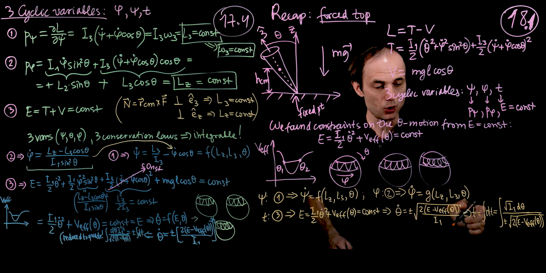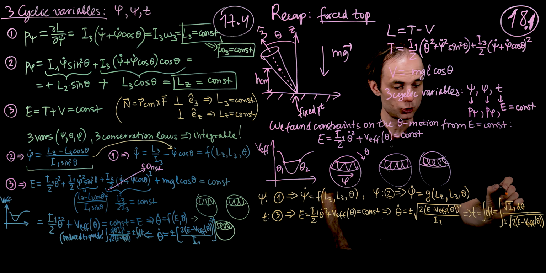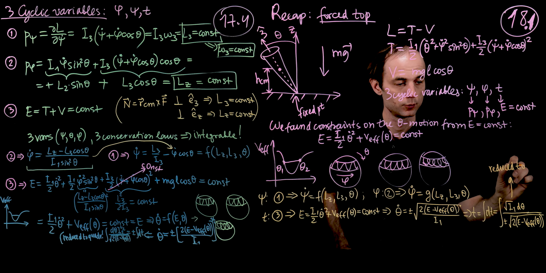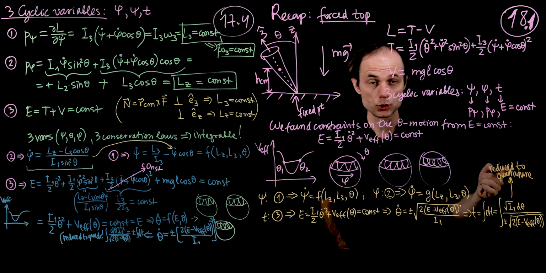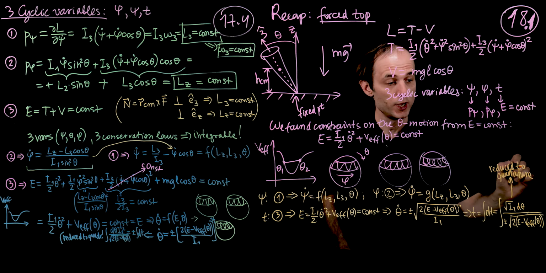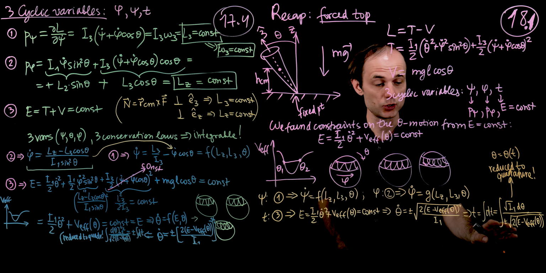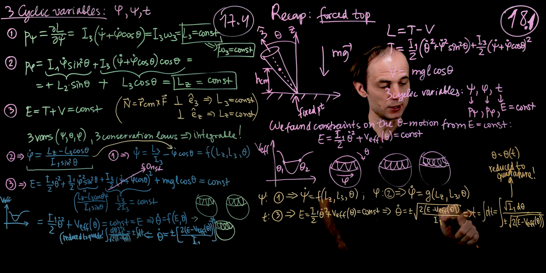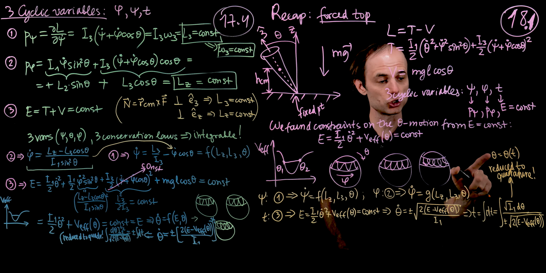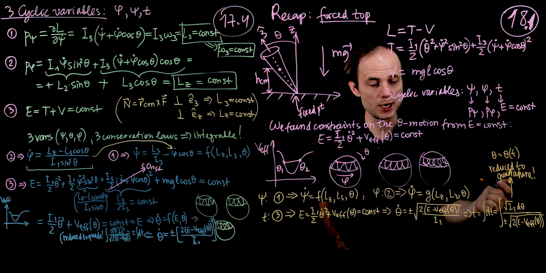And because now we are able to reduce it to quadrature, we get time as a function of theta, therefore we can invert that function and write theta as a function of time.